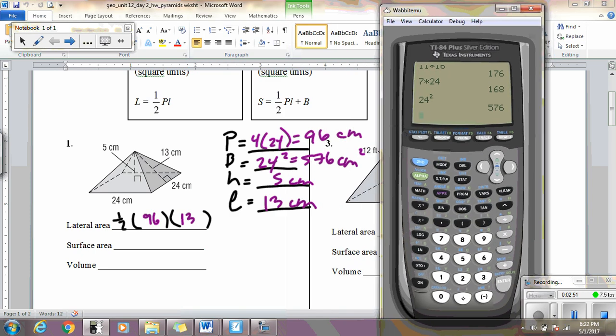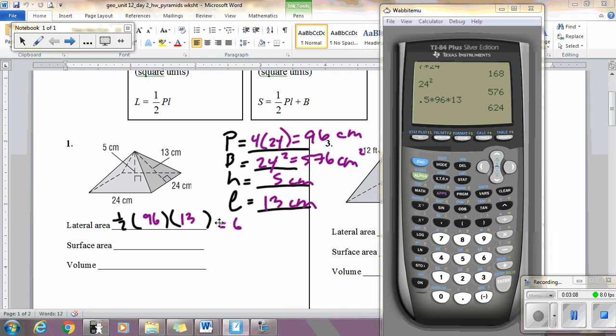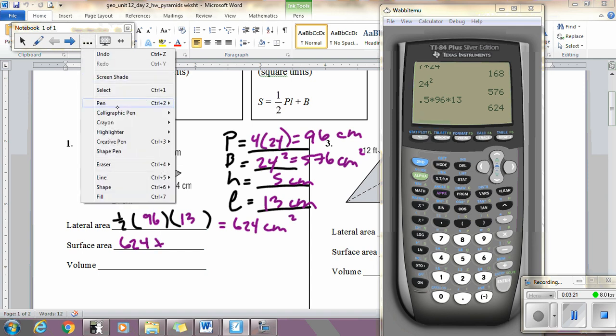So half is the same as 0.5 times 96 times 13. That's 624 centimeters squared.